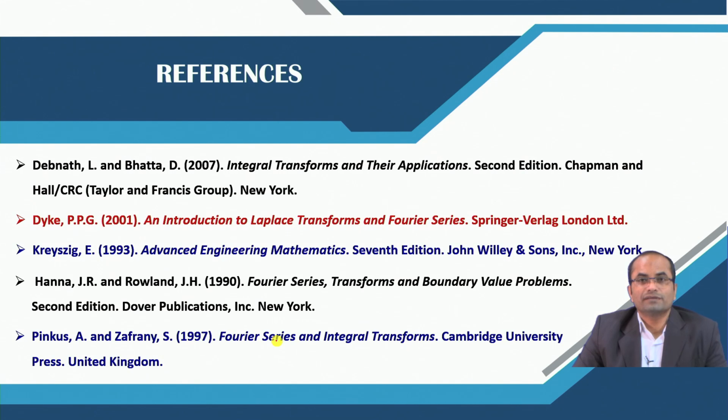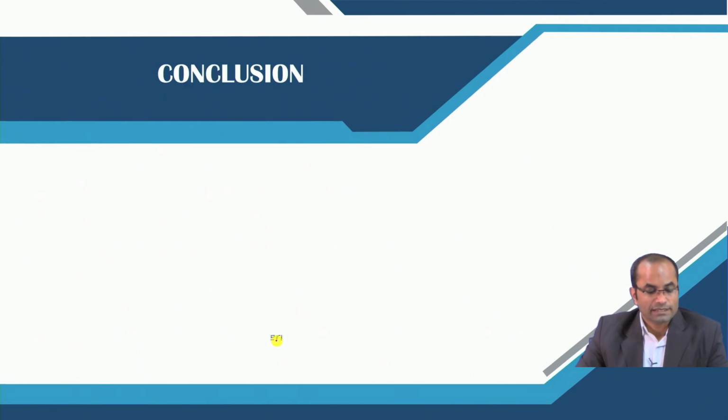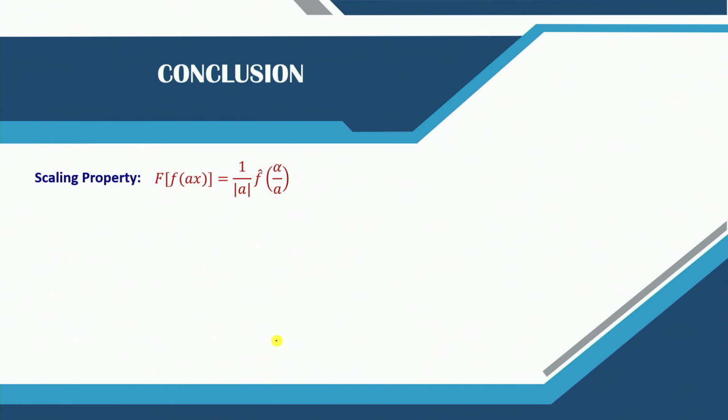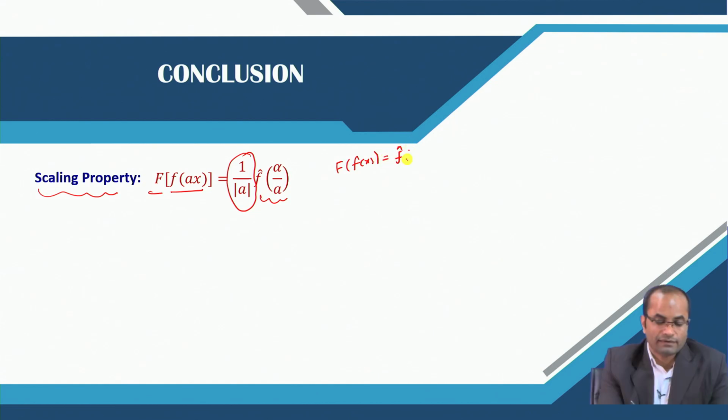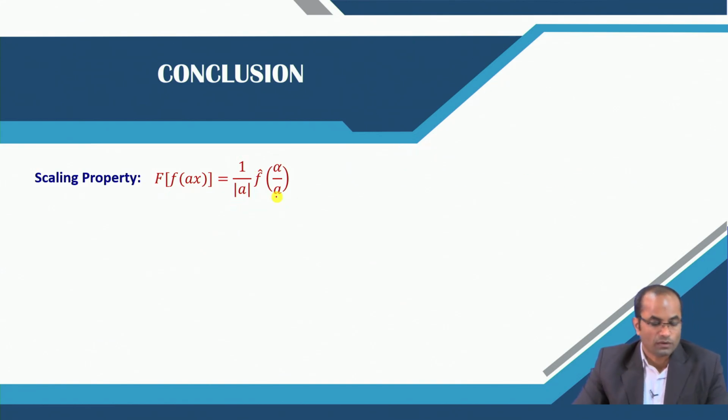These are the references we have used for preparing this lecture. To conclude, we have seen the scaling property, which says that the Fourier transform of f(ax) is equal to 1 over the absolute value of a times the Fourier transform of f, denoted by f hat alpha, where alpha over a will appear and this factor will go out.